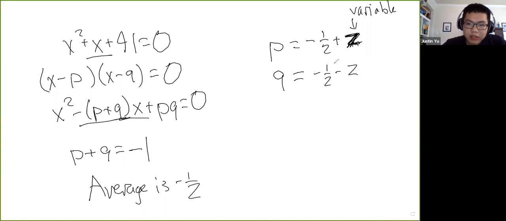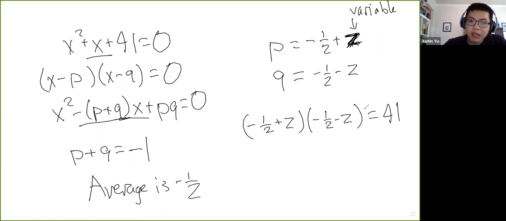So now what we're going to do, this is the real kicker. We're going to multiply these two together right here and set it equal to 41. And this gives me a good chance to talk about a special type of factorization called difference of squares. That's exactly what we have here.